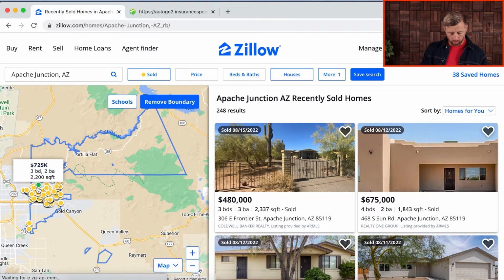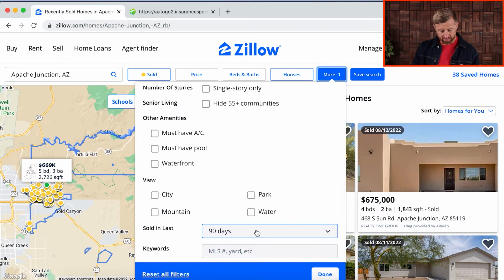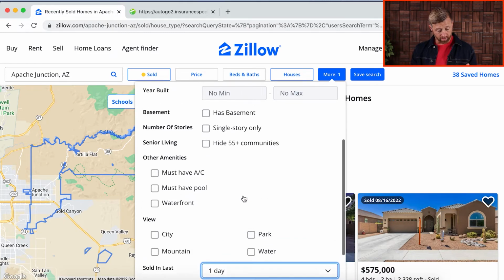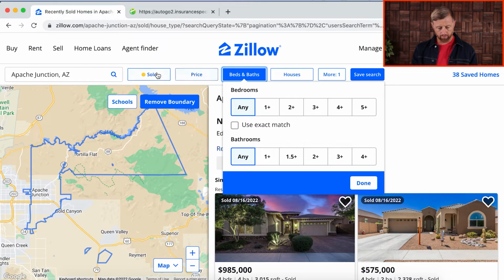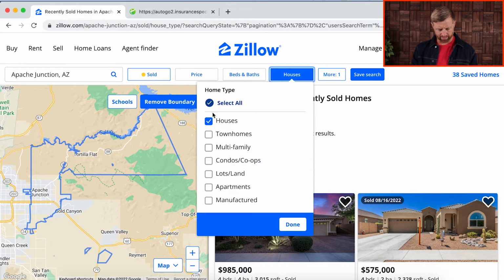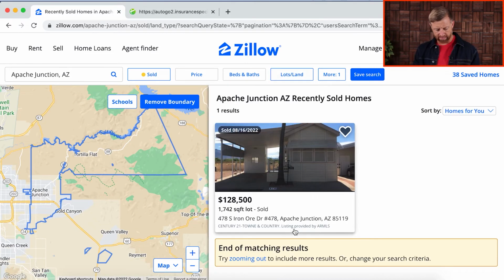So you see this little clump of land sales. I want to show you that this is the last 90 days, but let's just look at the last 1 day. Nothing really, but I also want to make sure that we're looking for land, just land. So I'm going to select all and then deselect and then hit lots and land.